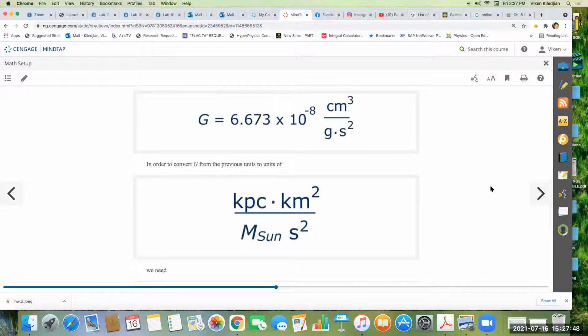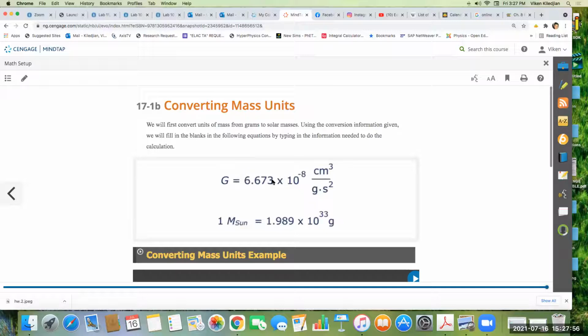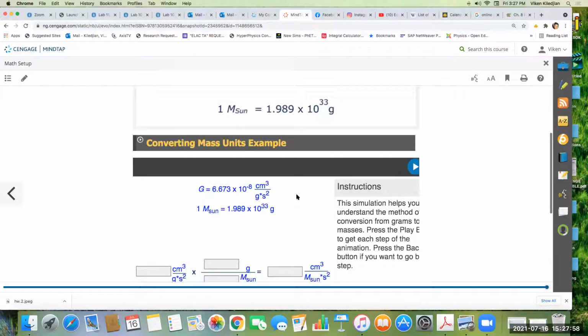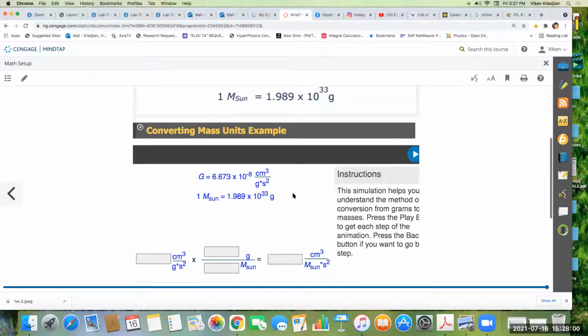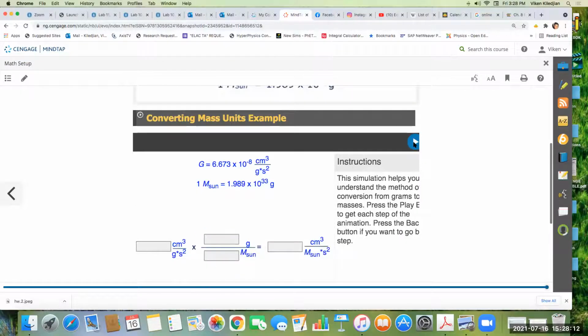You know what, they never actually gave us the units of the 6.673 times 10 to the minus 8. They showed us here how to convert it.